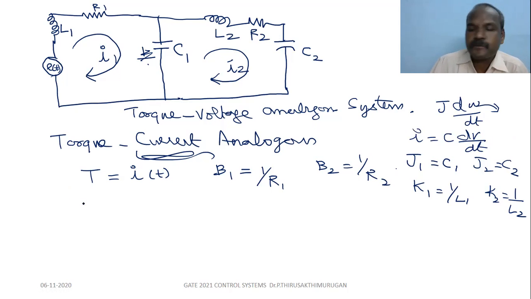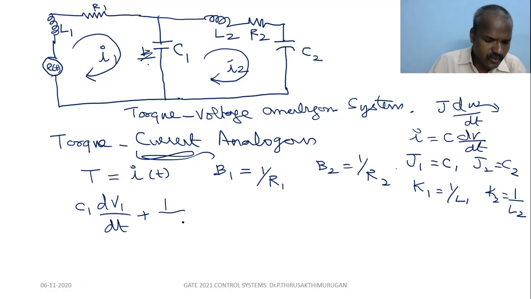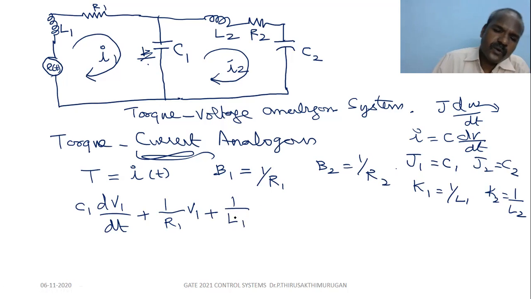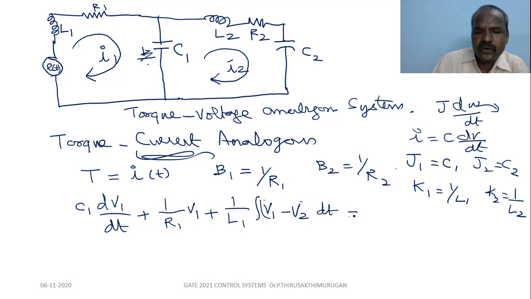So good. Here C1 dV1 by dt plus 1 by R1 into V1, right? V by R equals I. Plus 1 by L1 times the integral of voltage, V1 minus V2, dt equals I of t.